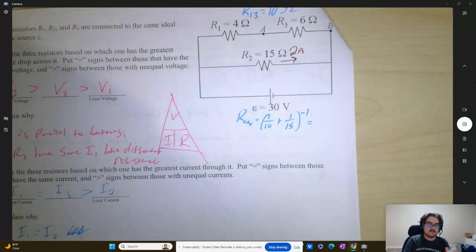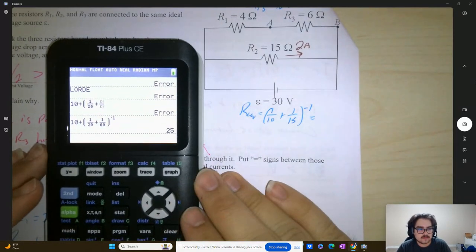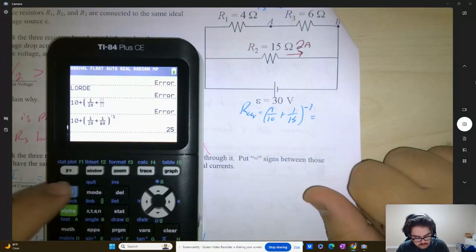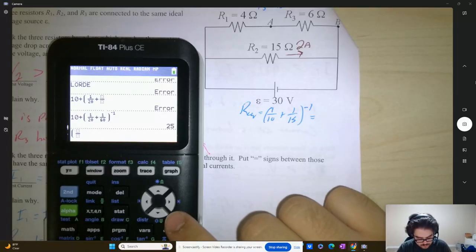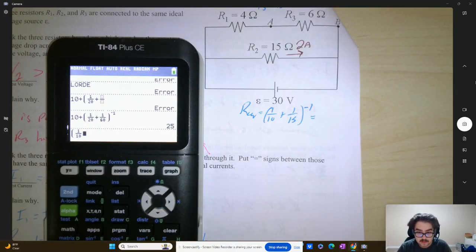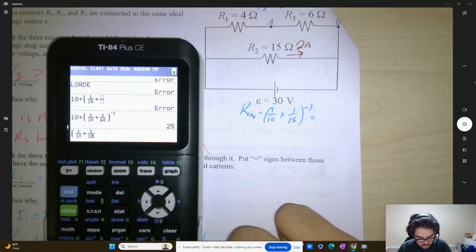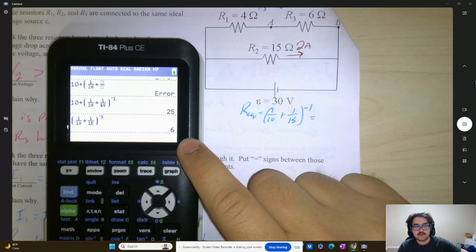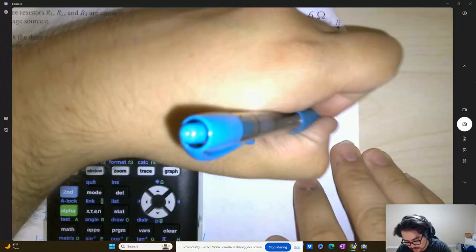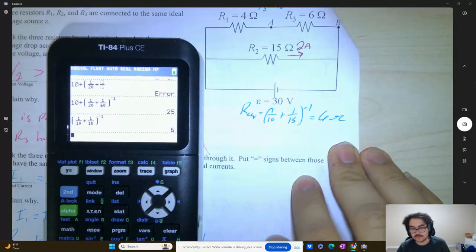Let me get my calculator out real quickly because I'm going to have to calculate this. And don't mind that stuff that I was writing earlier. Parentheses, 1 over 10 plus 1 over 15, and that goes to the -1 power, and we end up getting 6 as our equivalent resistance for the whole circuit.